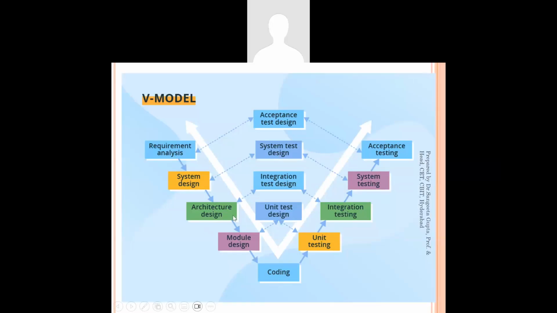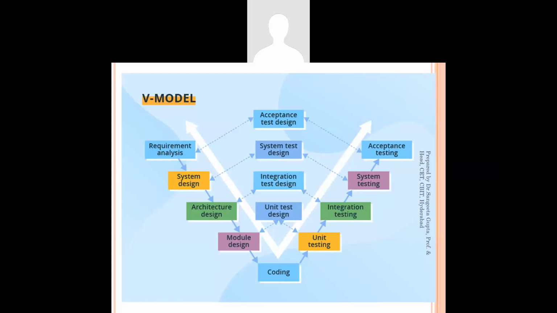When we are designing the architecture, which shows how the modules are connected to each other, we perform integration testing. System design represents the overall system as a whole, where we perform system testing. And when we are analyzing the requirements, the acceptance level of those requirements is assured using acceptance testing.